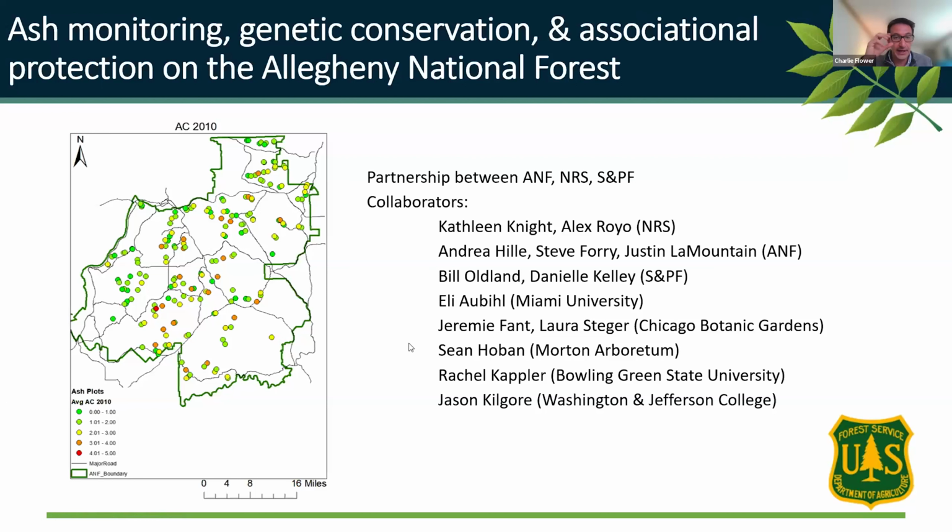And the Allegheny National Forest approached us to help develop an in situ conservation strategy to preserve ash across the forest. So, really progressive approach there. And in lockstep with understanding decline patterns across the forest, we sought to assess genetic diversity of ash across the forest to help provide some insights for optimizing the insecticide treatments.